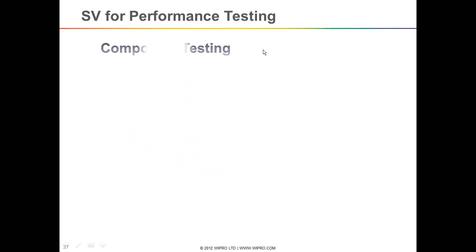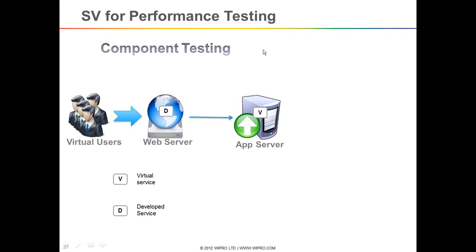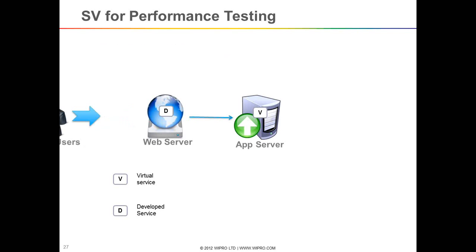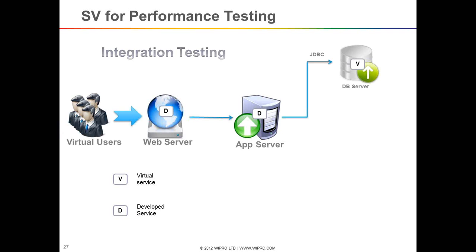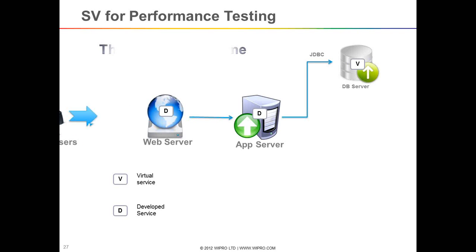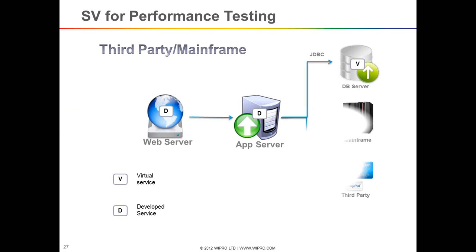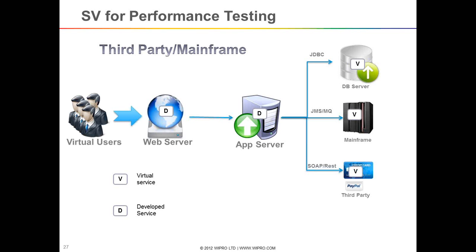Now, performance testing. For example, typically while you are doing performance testing, you need to look at various different applications and various different tiers, and you need a third party, you need a mainframe. Let's take one example, a third party. For instance, if you're doing e-commerce application testing, you need to call a third party for doing a payment.